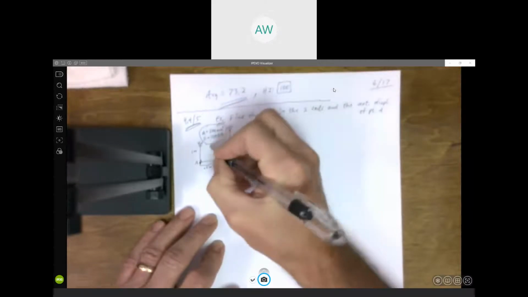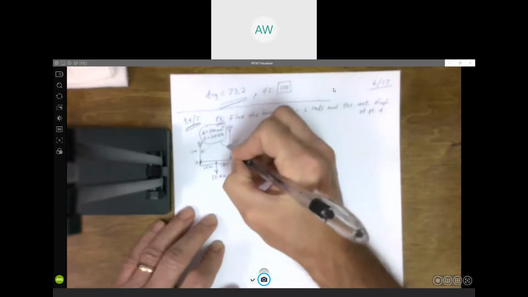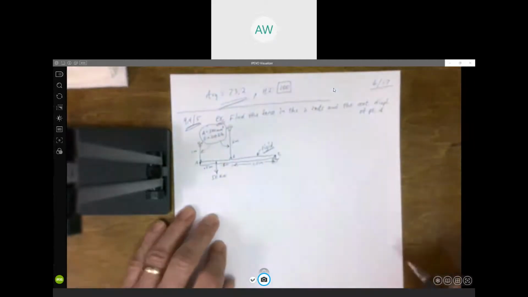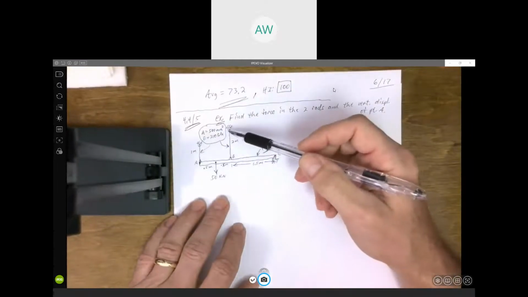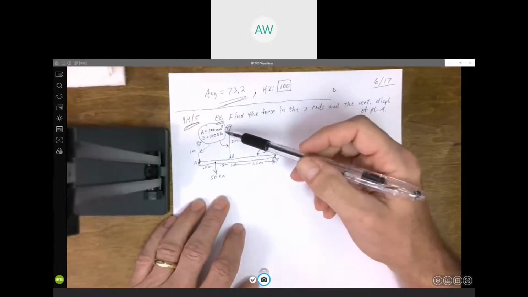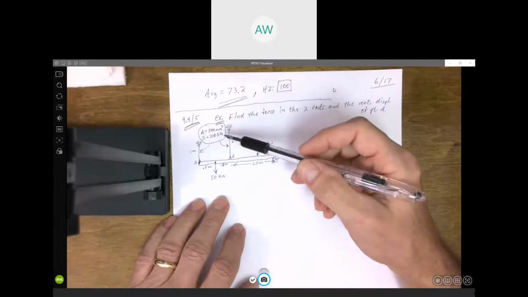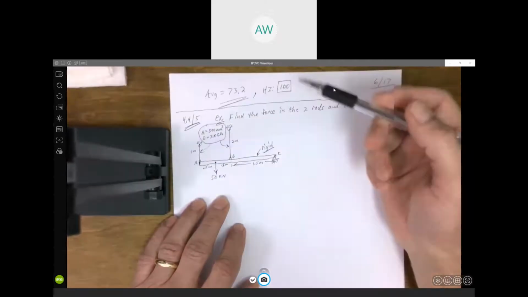This applies to both of the rods. Both of those rods are made out of the same material, and the cross-sectional area is the same. So they're the same size cross-section, both made out of the same material.